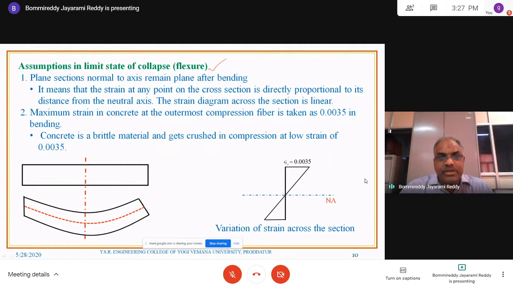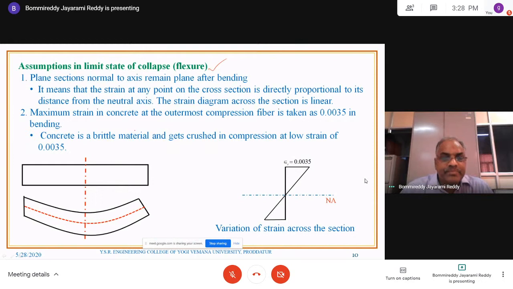So plane sections remain plane after bending means the strain varies linearly across the cross section. That is the first assumption. And here, of course, stress is proportional to strain also.